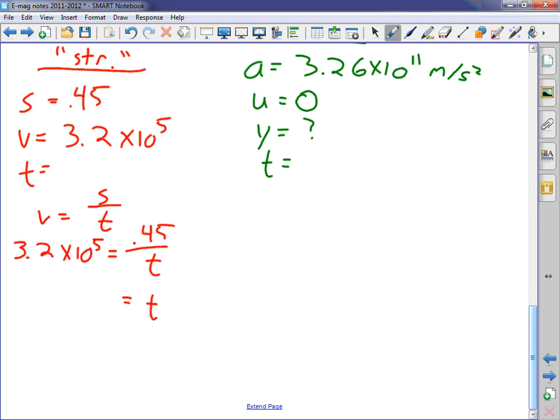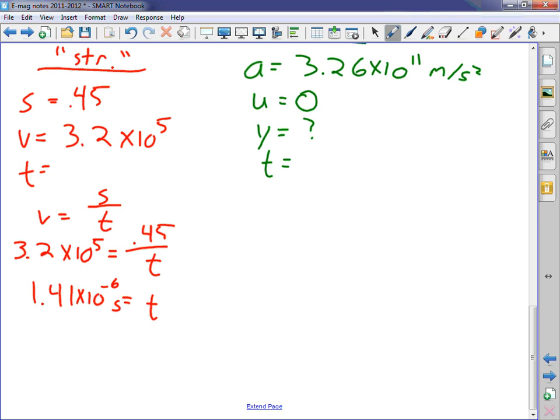So solve for the time and then plug into the other axis. I come out with a time of about 1.41 times 10 to the negative 6 seconds.